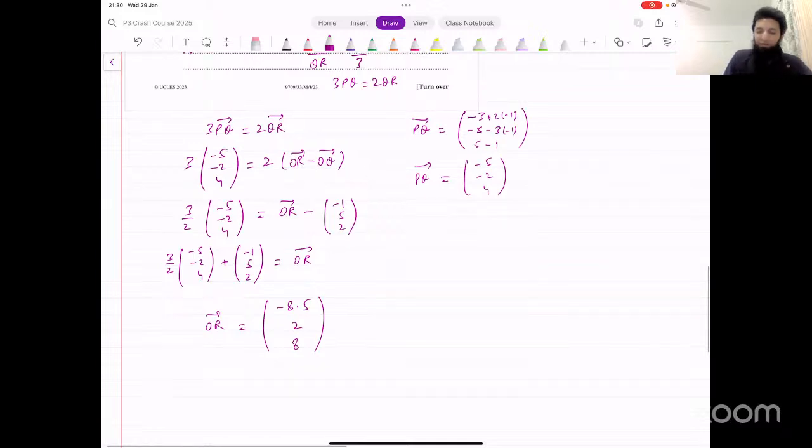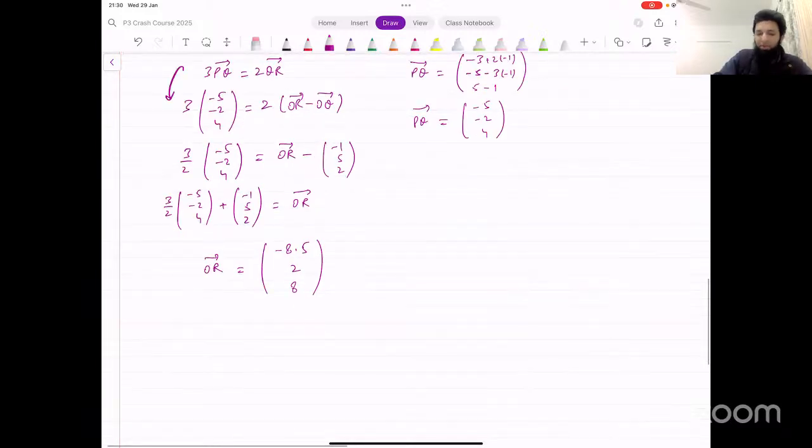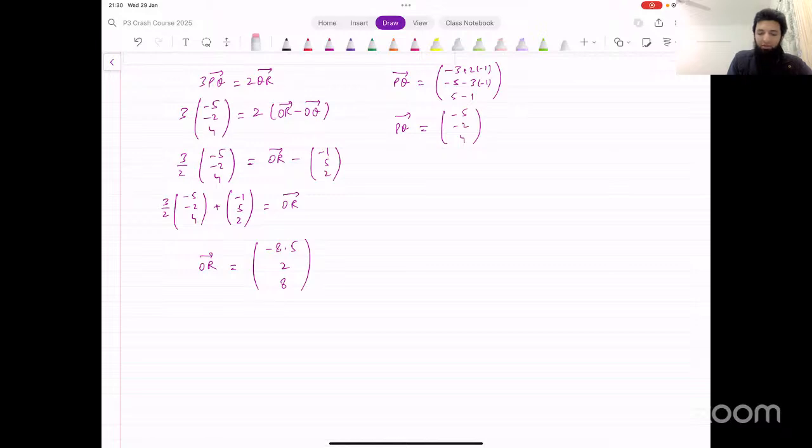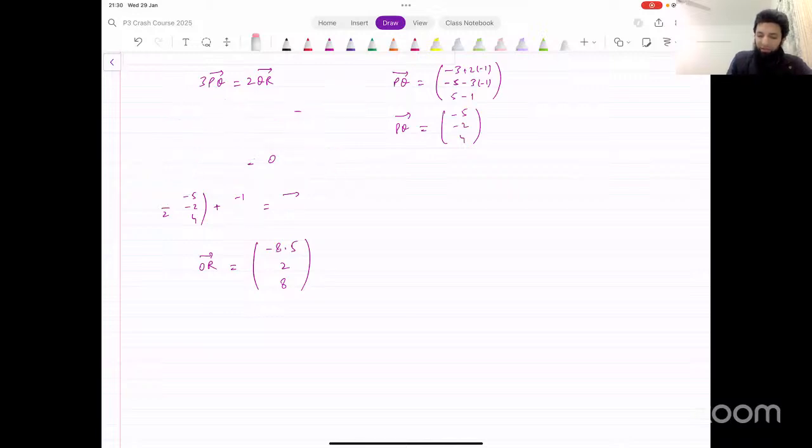Yes, so that's exactly what we're doing here as well. You could probably make it a bit more simple. But you're saying you first rearrange this to make OR the subject, and then you input the values, right? Yes, basically. So let me do it that way as well.